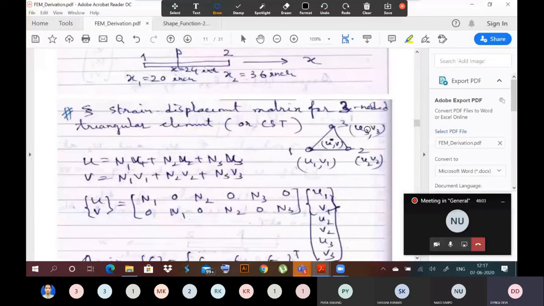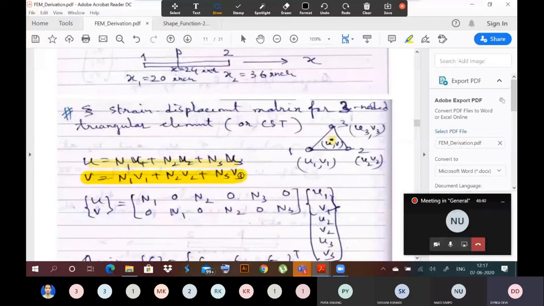Then at that point, displacement U and V you can find out using the shape functions and the nodal displacement. So U will be equal to N1 U1 plus N2 U2 plus N3 U3. V will be equal to N1 V1 plus N2 V2 plus N3 V3.